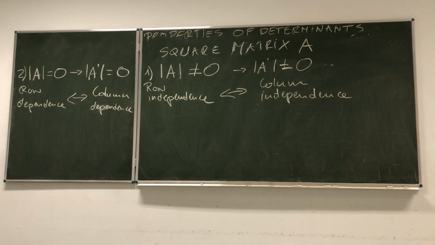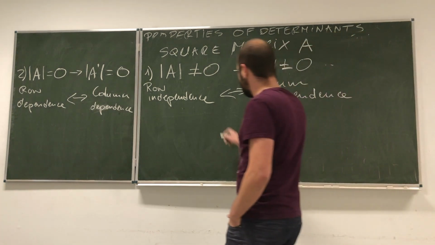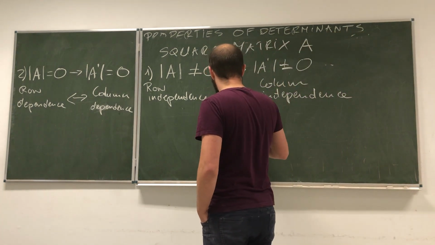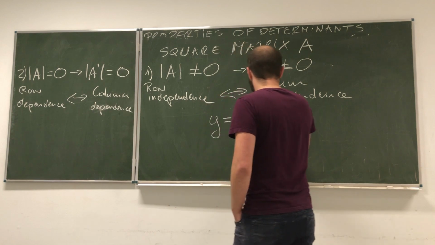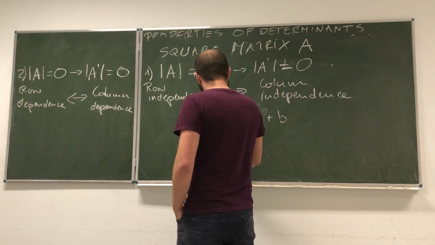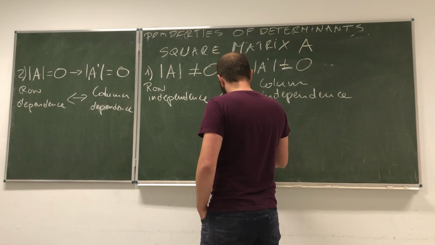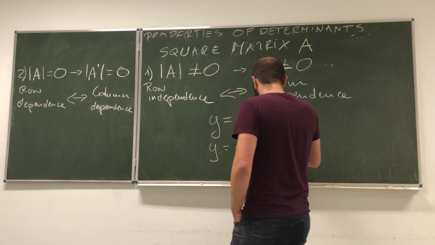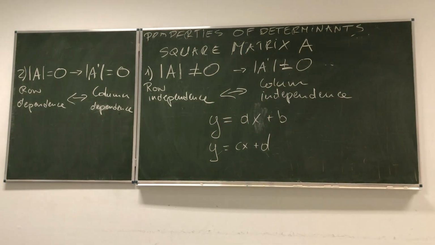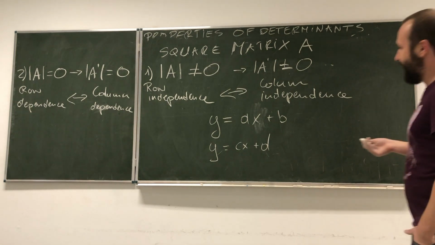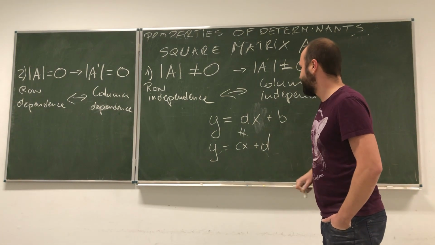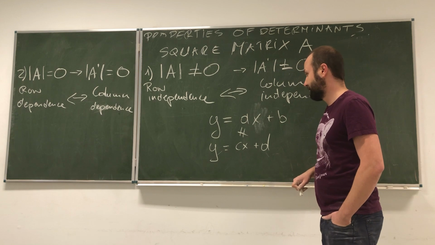Basically, if we have the system y equals ax plus b, y equals cx plus d, and those two are different numbers, right?